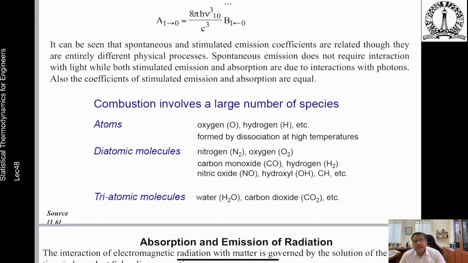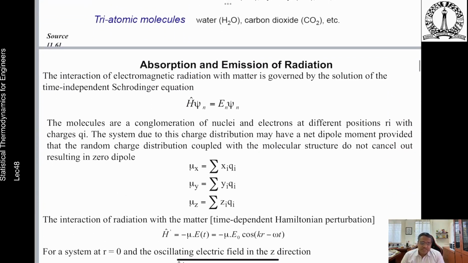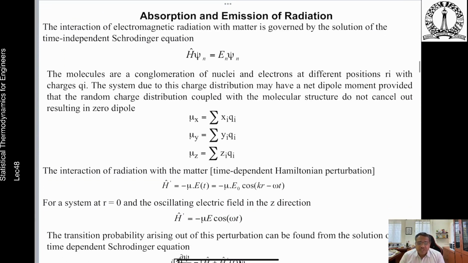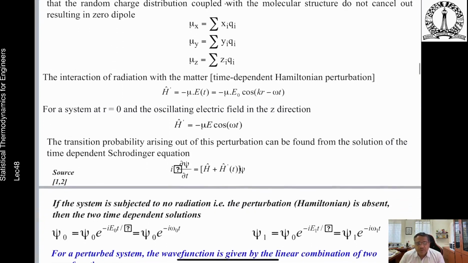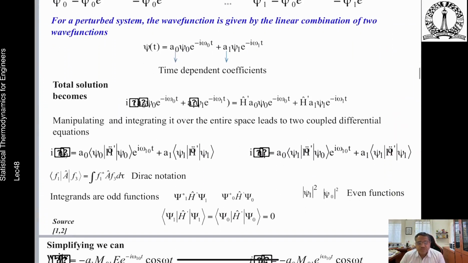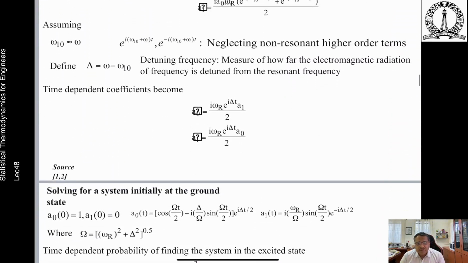For example, in an application like combustion, you have a lot of species: oxygen, nitrogen, water vapor, and CO2. Absorption and emission of radiation, we said, is given by the time-independent Schrodinger wave equation. Then we solved for the dipole moment, and then we calculated the time-dependent coefficients. Forgive me about the symbols over here. These are all covered in the previous classes.